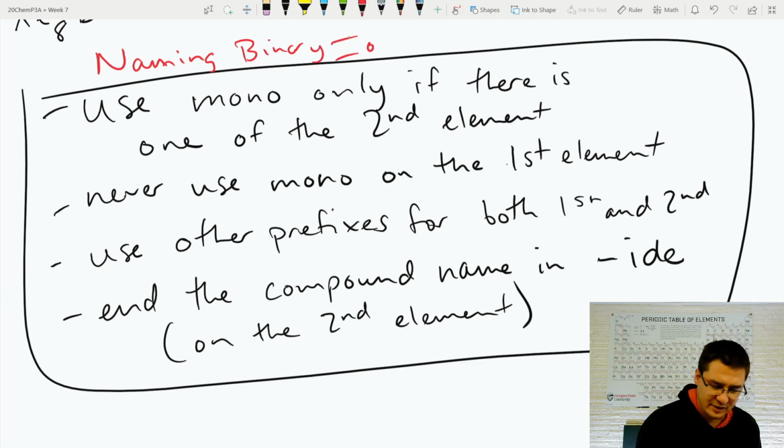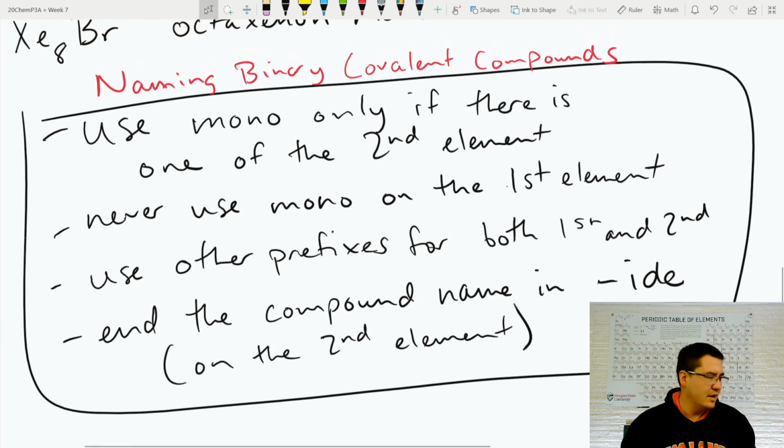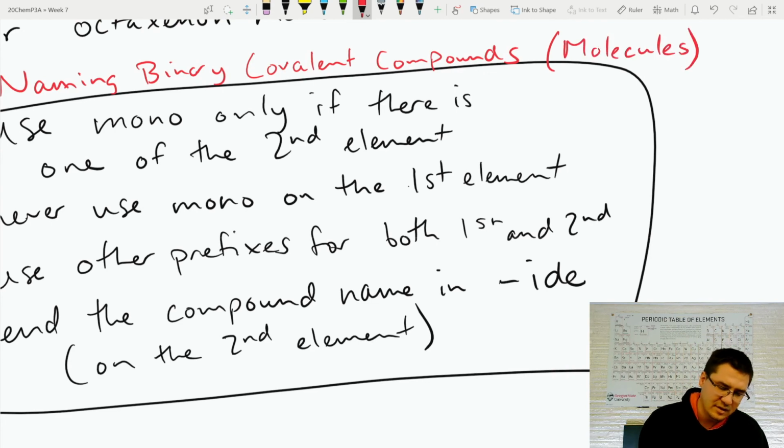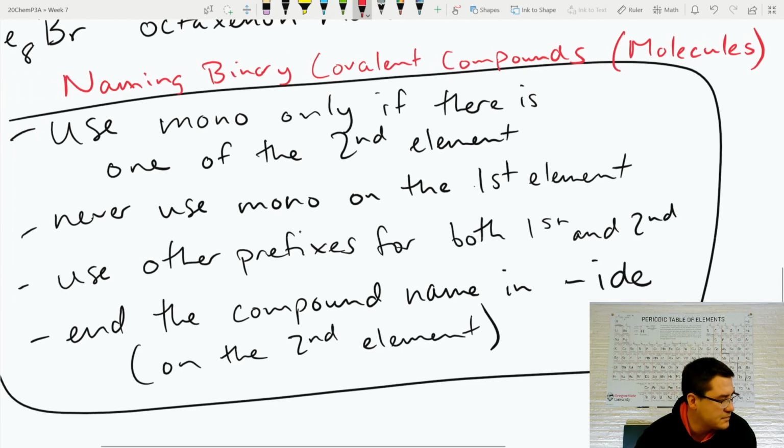Sorry, I almost said ionic. Covalent compounds. Okay, and again, the other word for covalent compounds is really called molecules. So naming binary molecules, these are the rules that we would use.